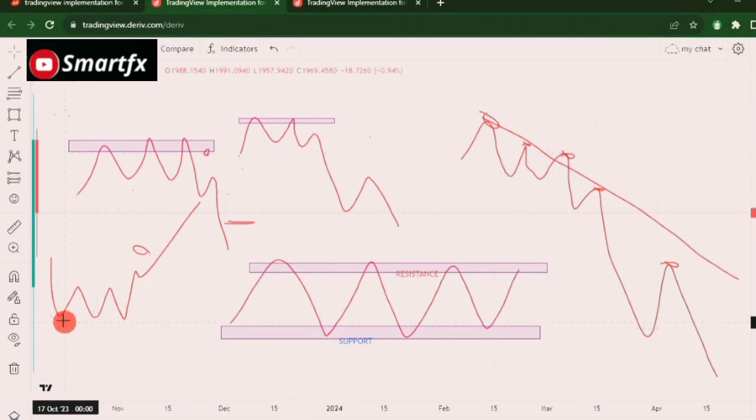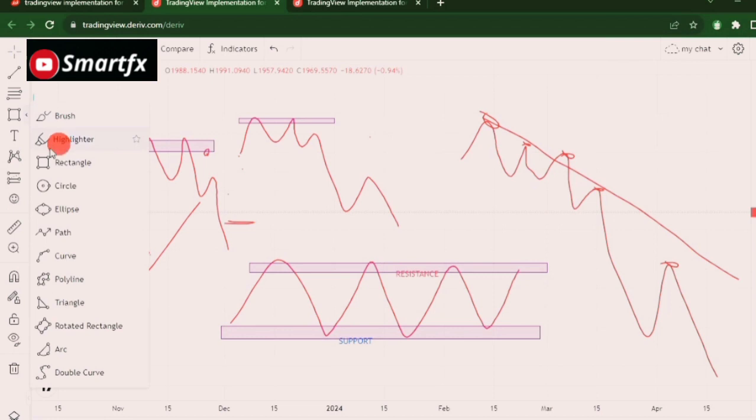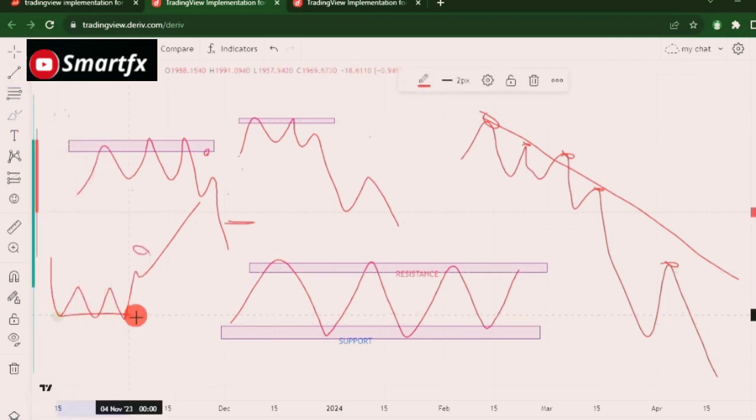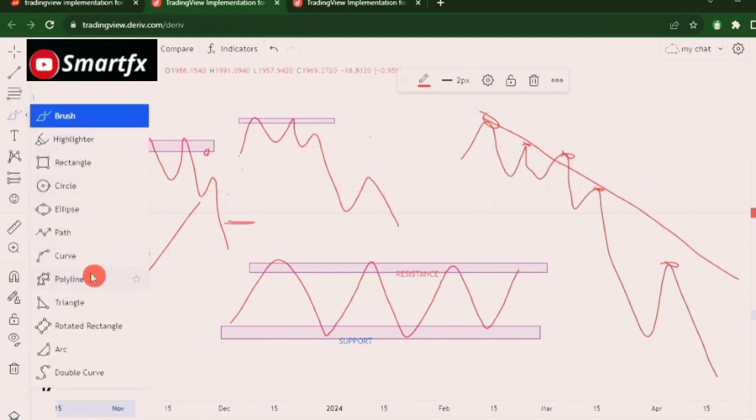Sorry guys, my mouse is giving me issues. Let me use the brush. Yes, this is a triple bottom. It's a bullish reversal. Triple top, double top, and then double bottom, these are the bearish ones.